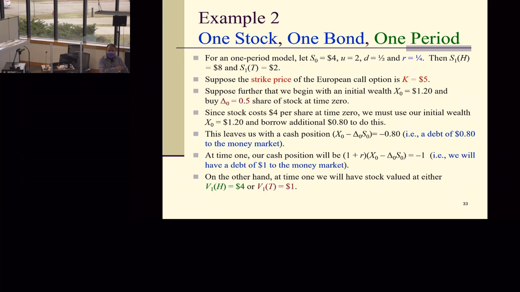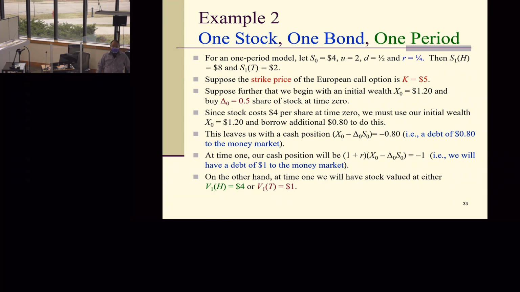I'll come back to talk about why I'm setting up $1.20 to begin with, and how we can come up with that $1.20. Buying half a share, since the stock costs $4 apiece at time zero, we must use my initial wealth of $1.20 and borrow an additional 80 cents from the money market account. That leaves us with a cash position of negative 80 cents.